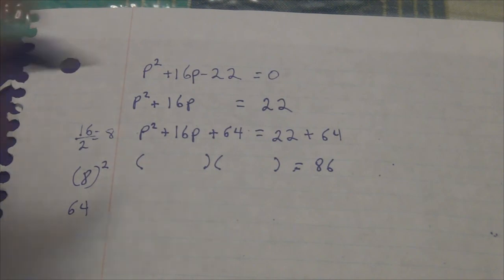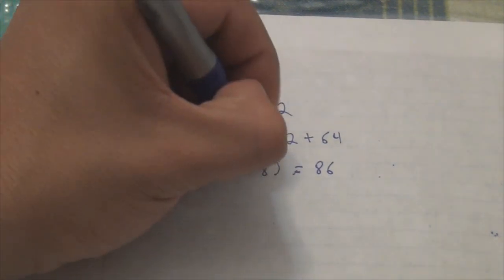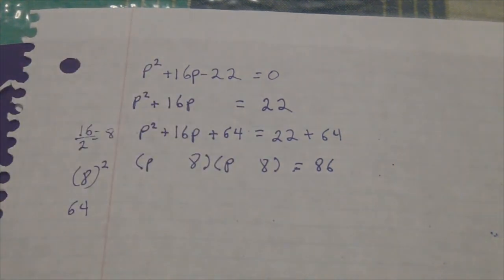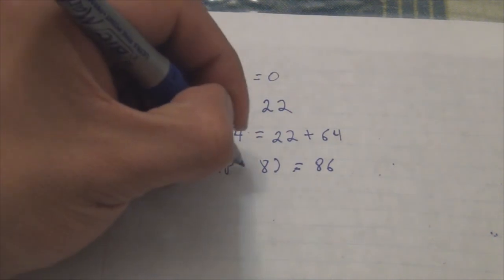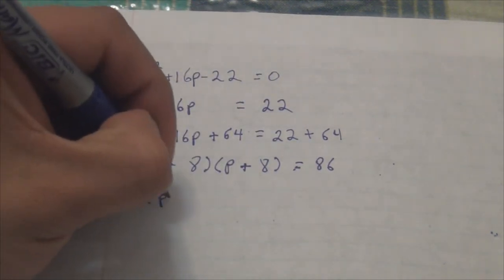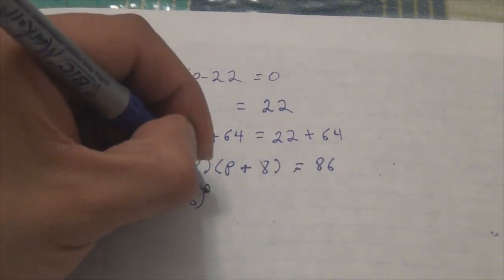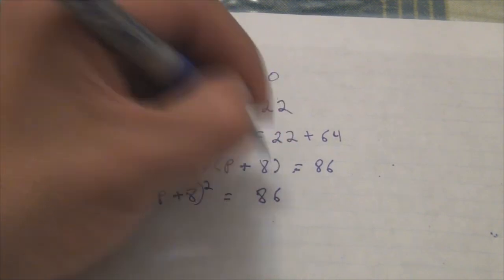Alright, now let's factor. So p on both, 8 on both, because that's what happens. Now I need a positive 16, so plus and plus. And now this turns into a square binomial. There you go, equaling 86.